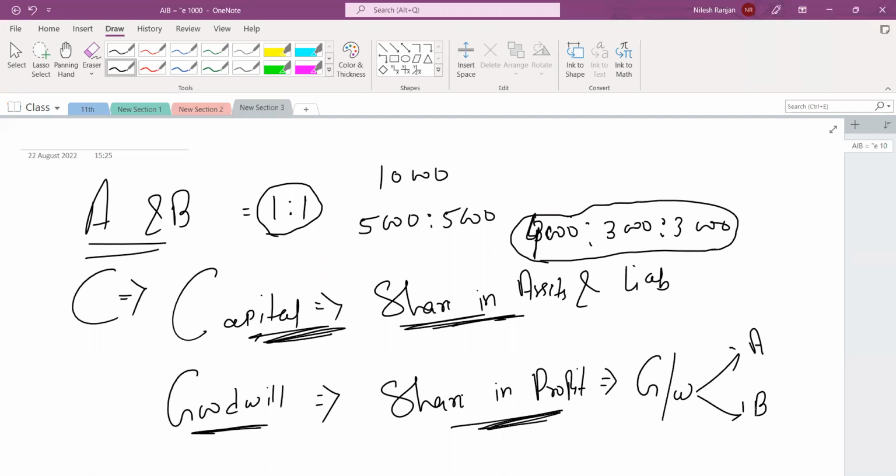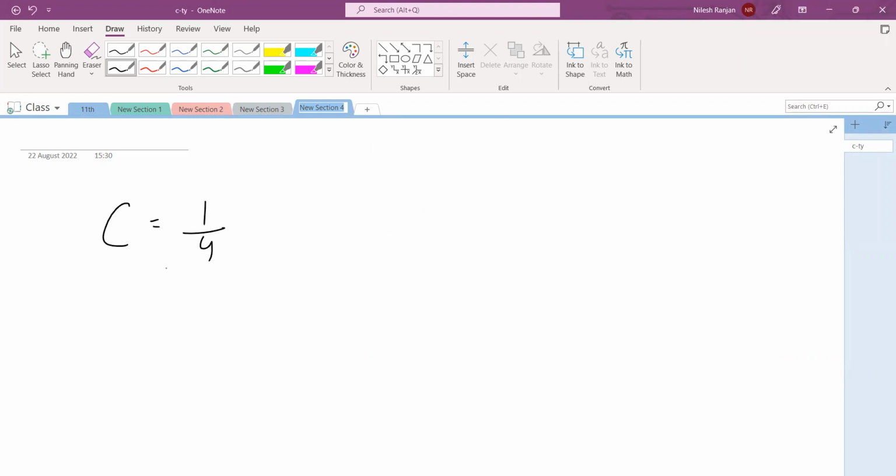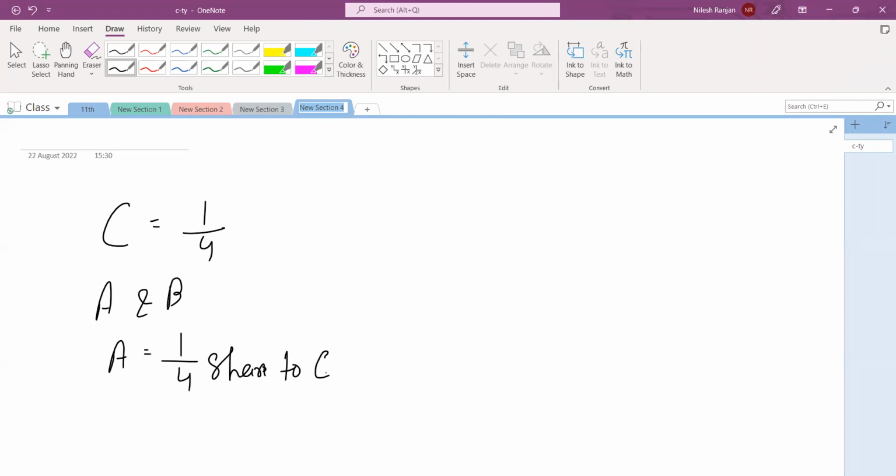Now, there is one more concept you need to understand before moving to the sum. If C is getting 1/4, and the two partners are A and B, and only A is giving the 1/4 share to C, B is not giving anything to C as per agreement.